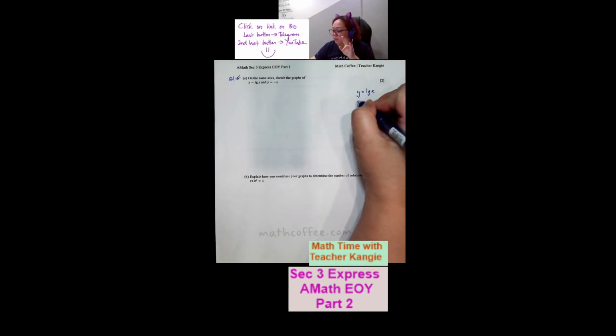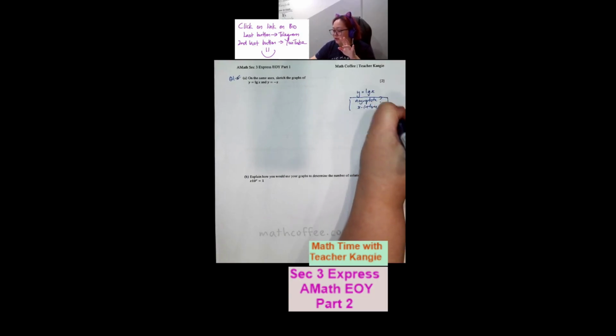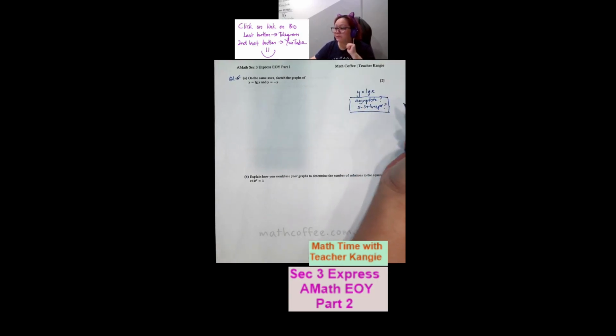So the first thing is, two things you need to show. You need to show the asymptote, and then you need to show the x-intercept. So these are the two things you need to show for a logarithm graph.